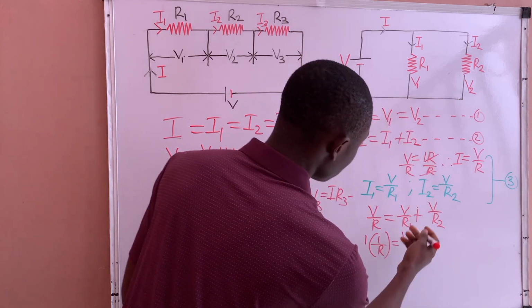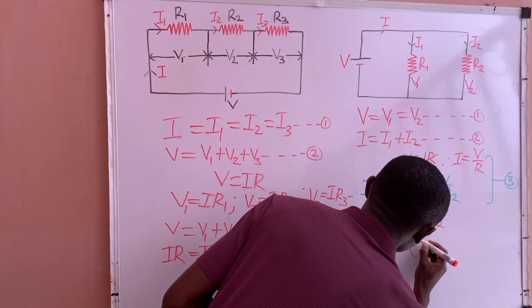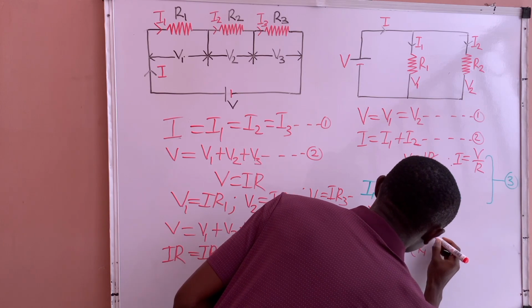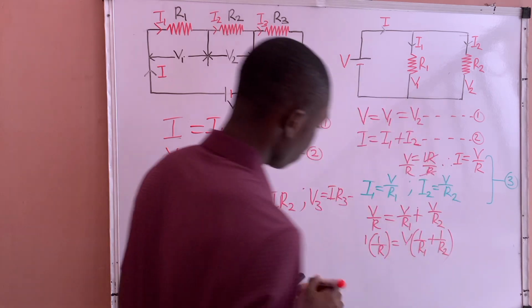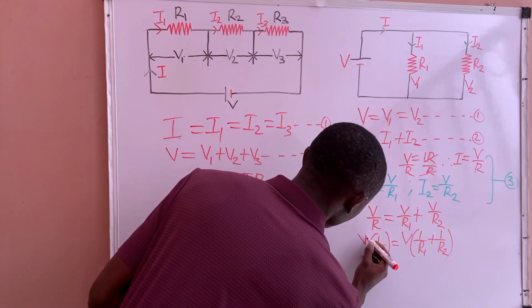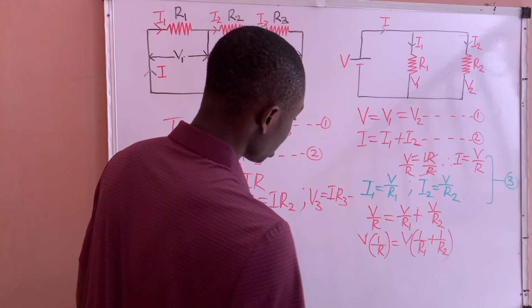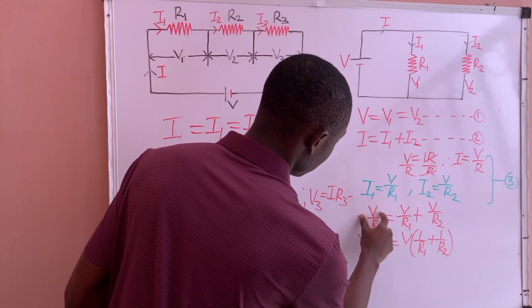Since V is common here, we will factorize V. We have that V will equal 1 over R1 plus 1 over R2. Sorry, here is V. Here is V. So that V multiplied by 1 is the same thing as this part.